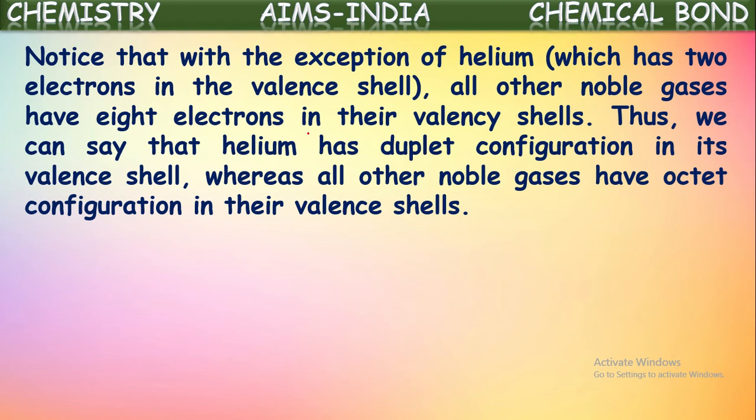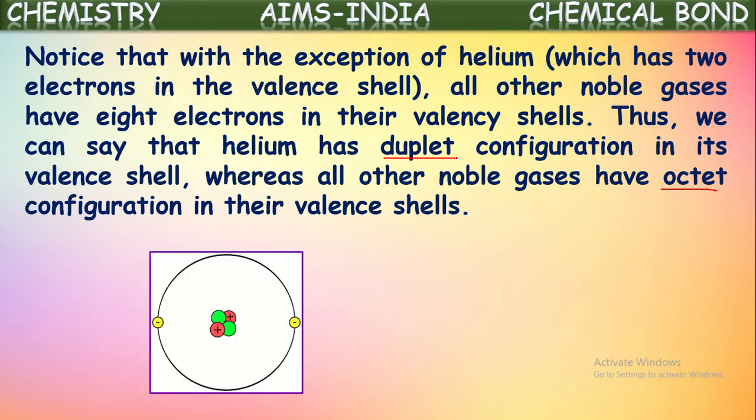Octet means having 8 electrons in the valence shell; octa means 8, we know. Duplet configuration means it has 2 electrons in its valence shell, only one shell filled with 2 electrons.